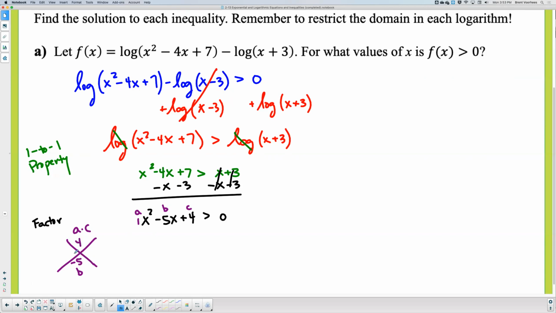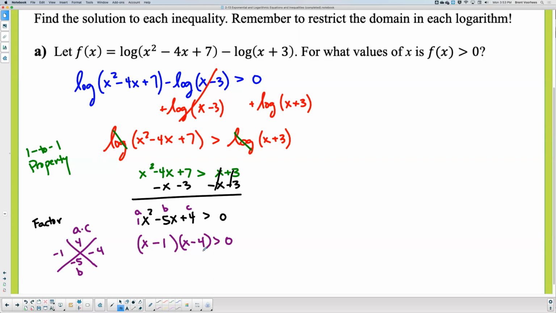To get a combo of 5, it has to be 1 and 4. To make it -5, they both need to be negative. So I could rewrite this: to get x squared, it'd be x times x. To get -5x plus 4, it would be x minus 1 and x minus 4, all that greater than 0.